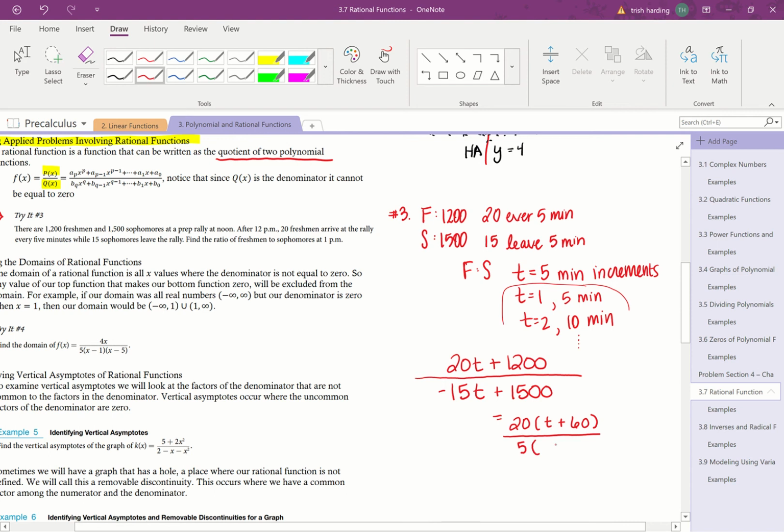So that's, and I will rearrange them. So this is going to be 300 minus 3t. And then I can divide these, which gives me 4.